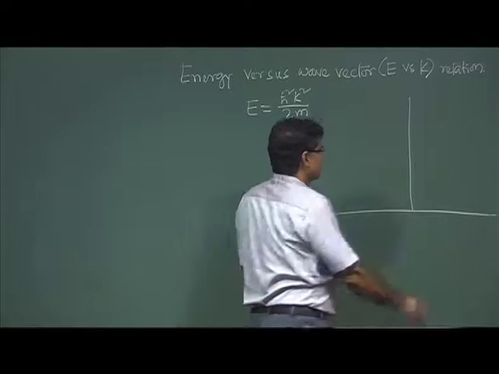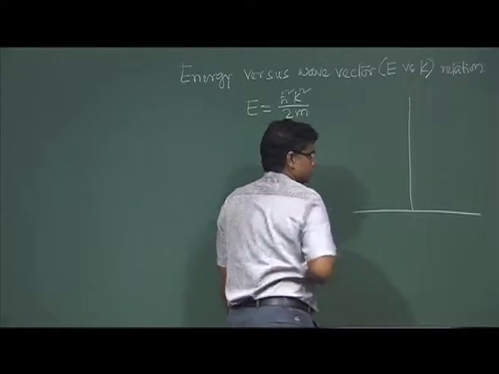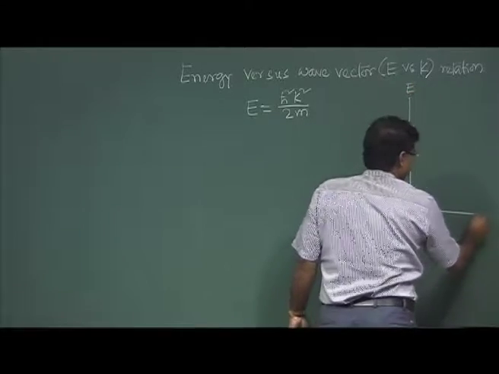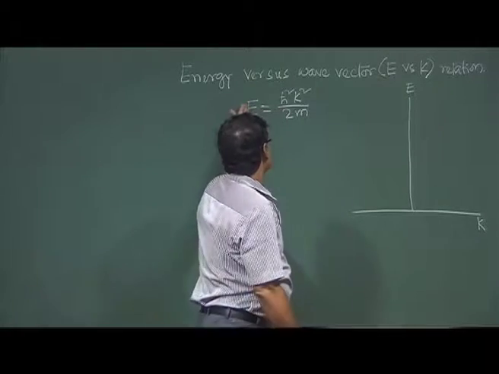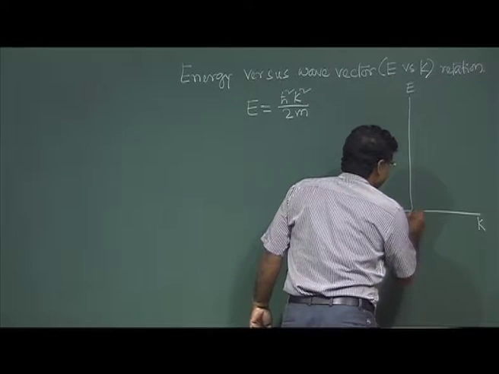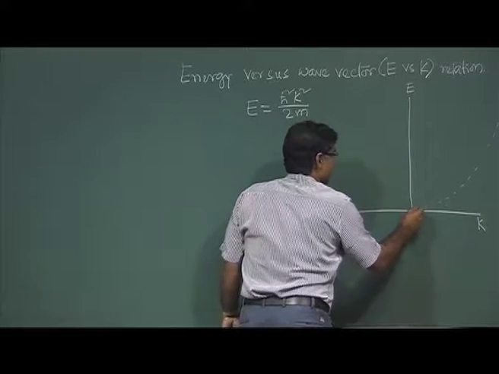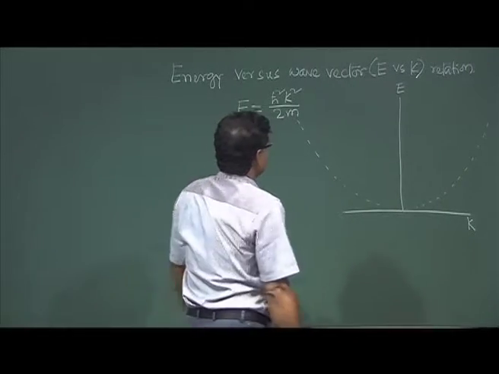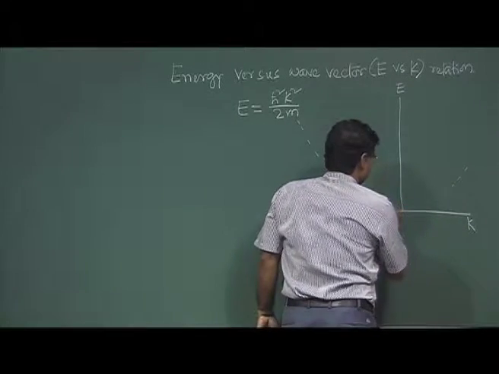So, if I plot, this is E and this is k. So, E is proportional to k square, so it will be parabolic, right.